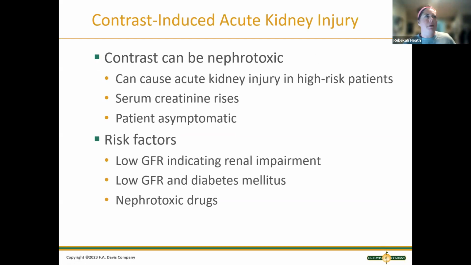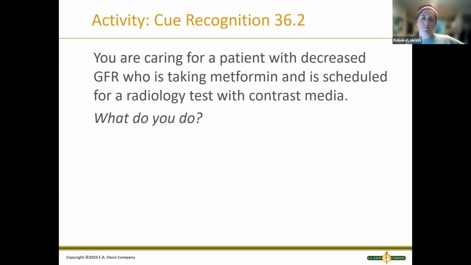Very repairable, or most patients recover from acute kidney injury. But it's always nice to know if they have that in their past, because if you have somebody who's had acute kidney injury, it does mean they're at higher risk of having it again, or potentially developing chronic kidney failure, depending on their situation.